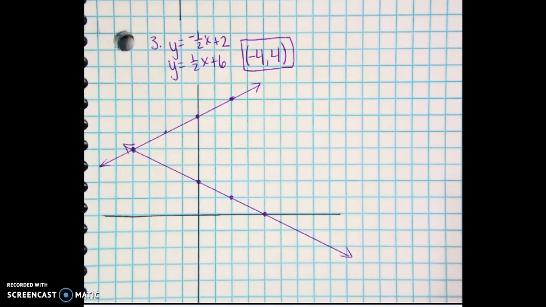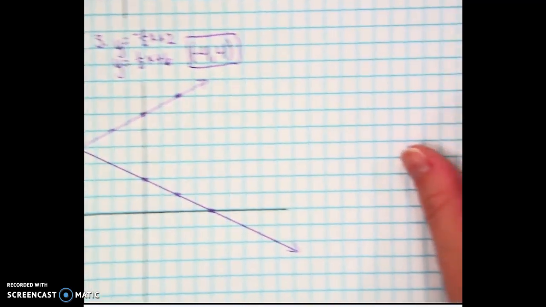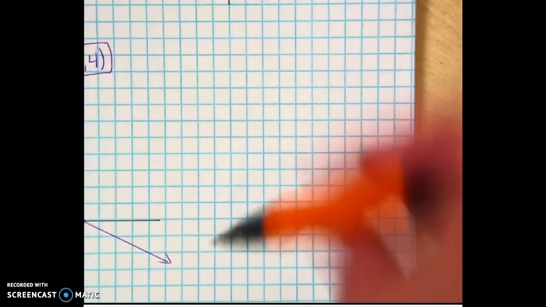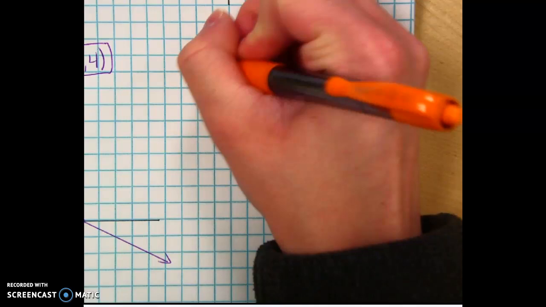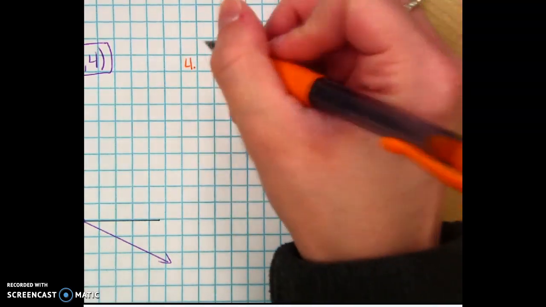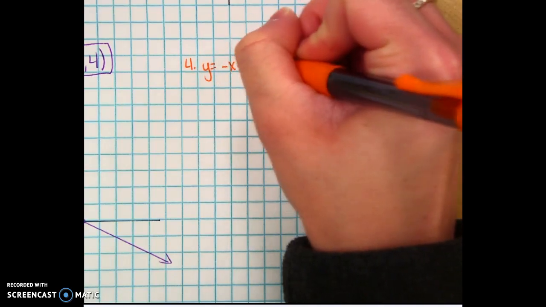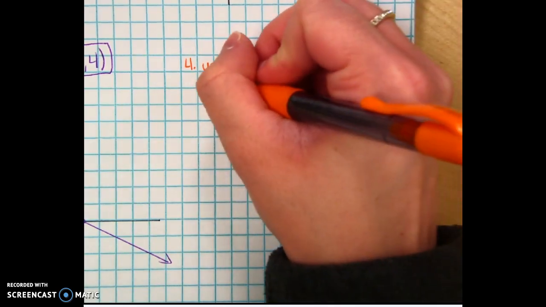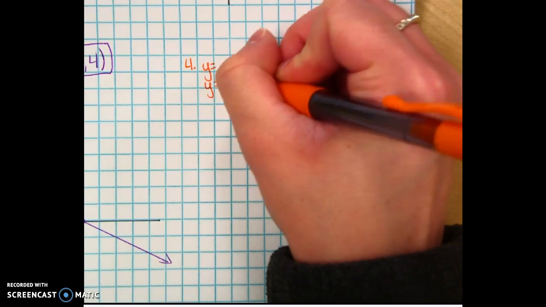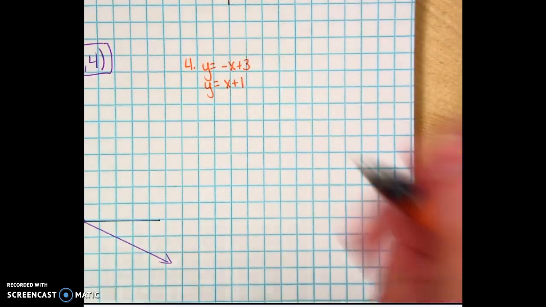The next 3 you're doing on your own. When you finish these 3, just continue them on your notes. When you finish them, turn it into the bin. That's just your other assignment for today. So number 4 is going to be y equals negative x plus 3 and y equals x plus 1.